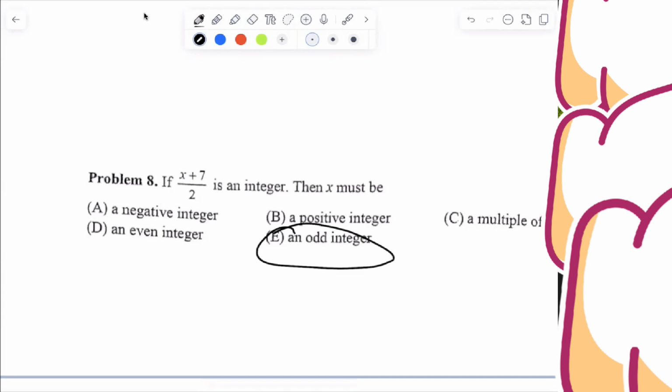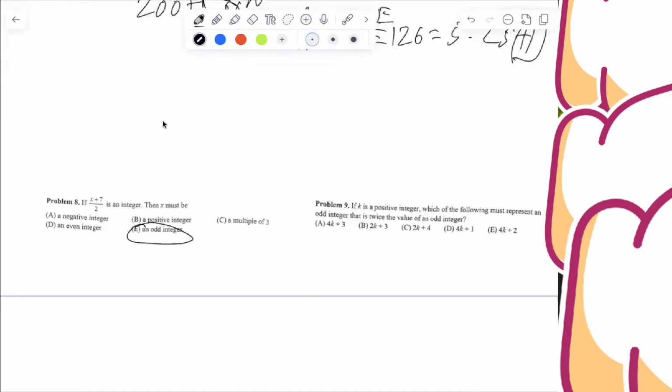For example, -2, we can just say it's even, just like positive 2 is even. So in this case, we know it's an odd integer because odd plus odd gives even, and an even number divided by 2 is always going to be an integer. All right. So yes, a negative will work too.